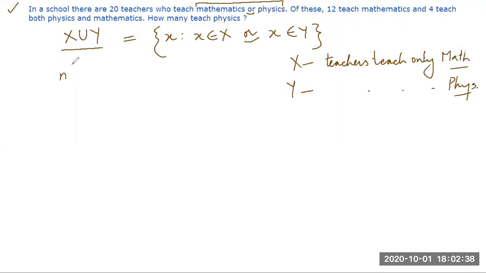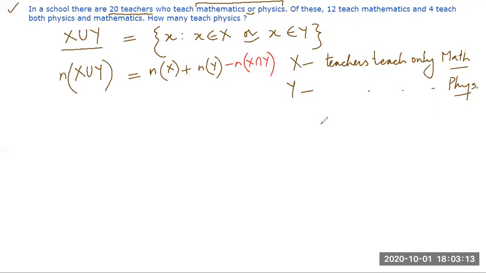Then obviously this is n of X union Y, these 20 teachers who teach mathematics or physics. So this will be equal to simply what? Can you tell me? Which formula are we going to apply? Again, n of X plus n of Y minus n of X intersection Y.